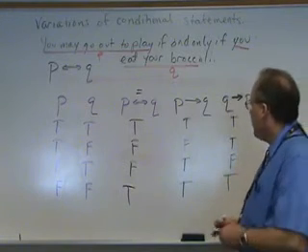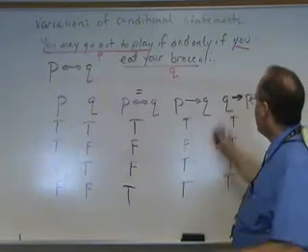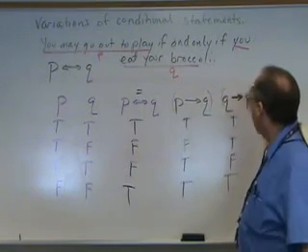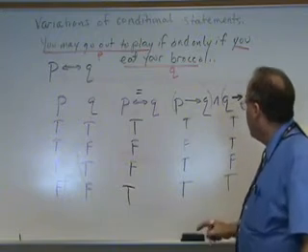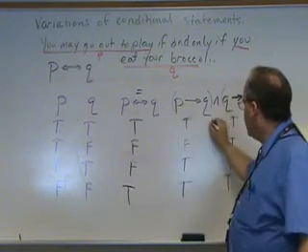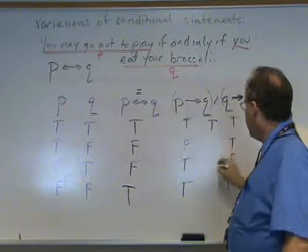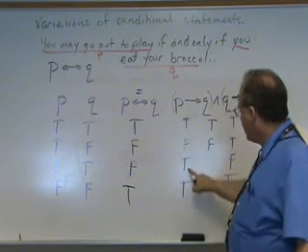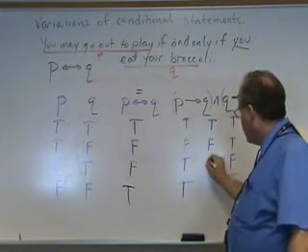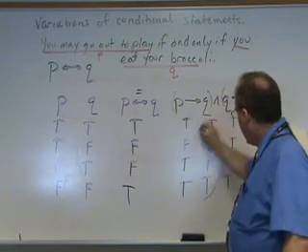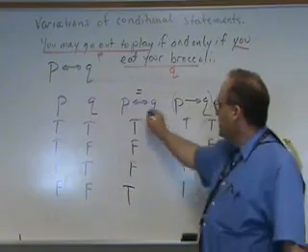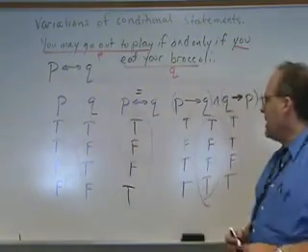Now notice that if I put these together with an and statement, okay, all right, notice true and true is true, false and true is false, true and false is false, true and true is true, and it's the same thing as that.